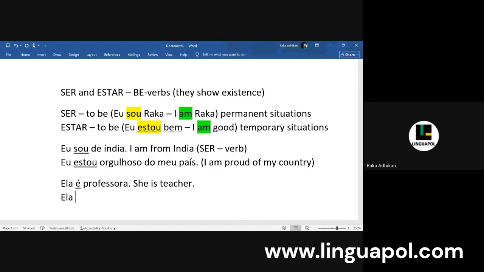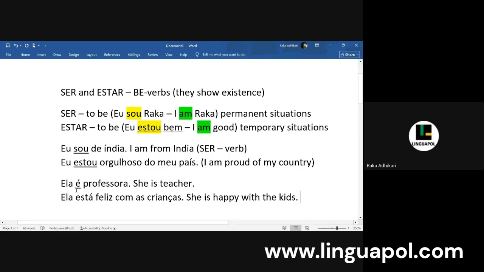But if I say ela está feliz com as crianças, she is happy with the kids. So she is a teacher. This is her profession.